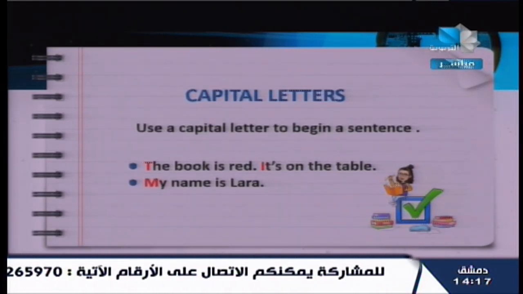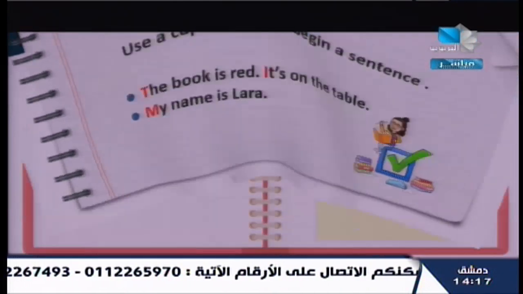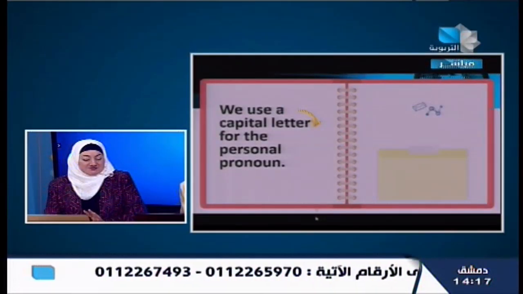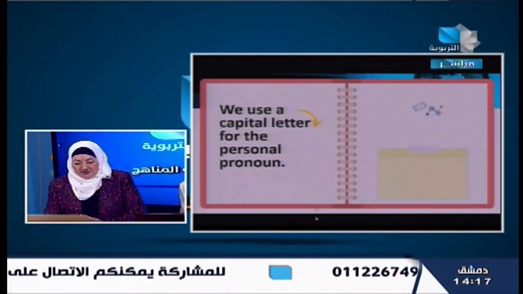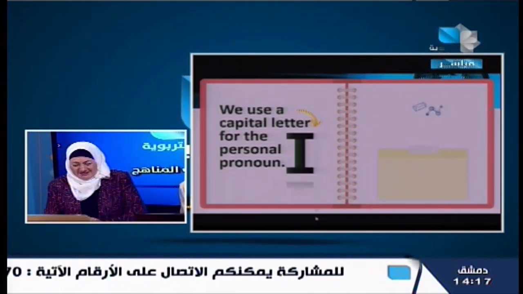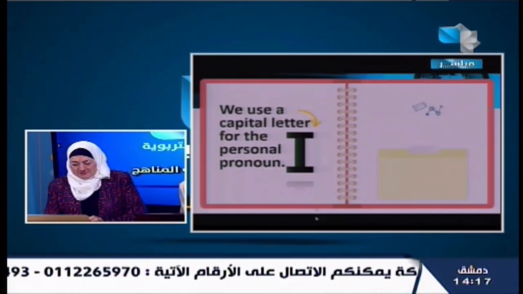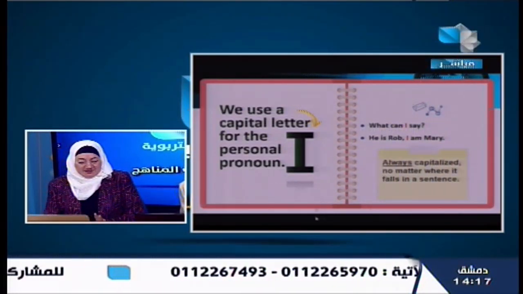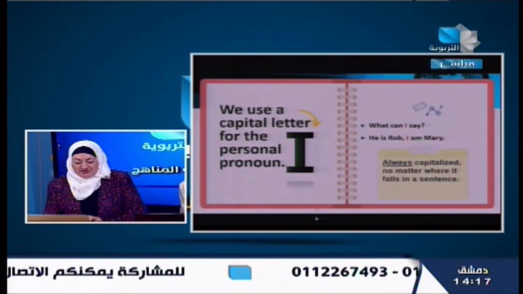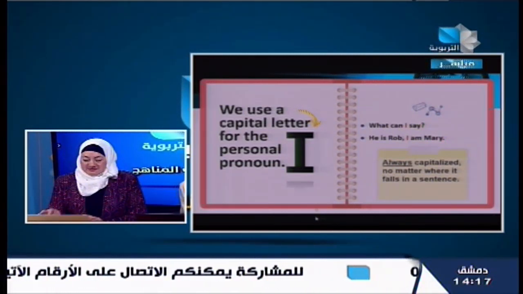Another rule: we use a capital letter for the personal pronoun I, wherever it comes. He's Rob, I am Mary. It is always capitalized, no matter where it falls in a sentence: in the beginning, in the middle, or at the end.